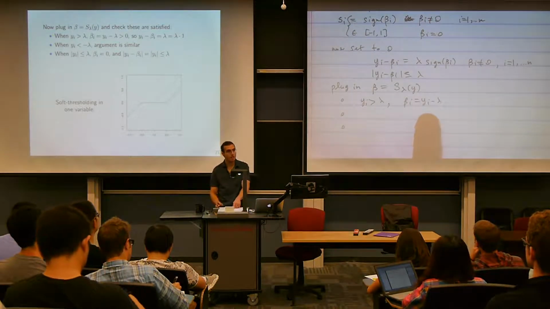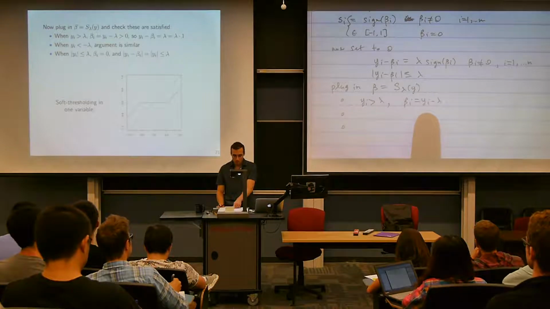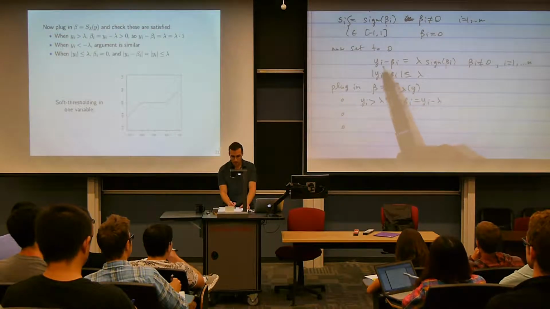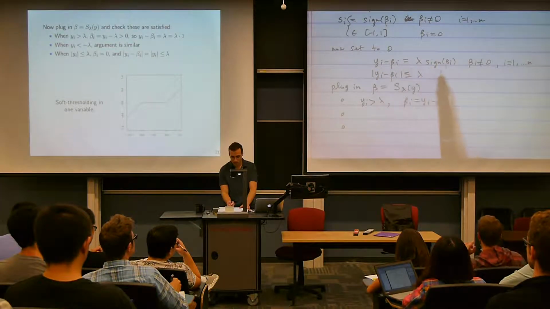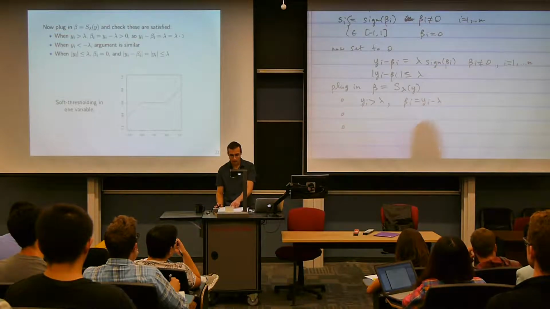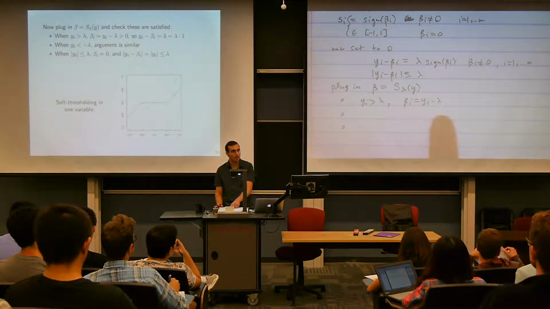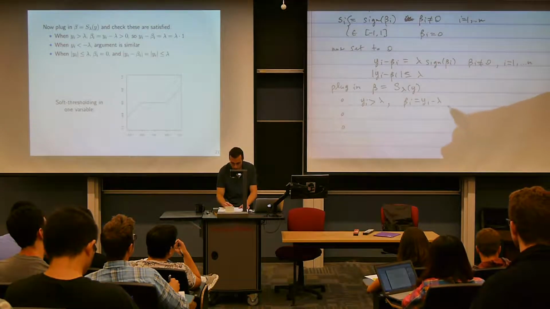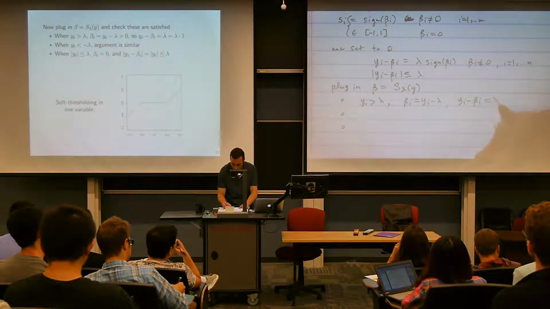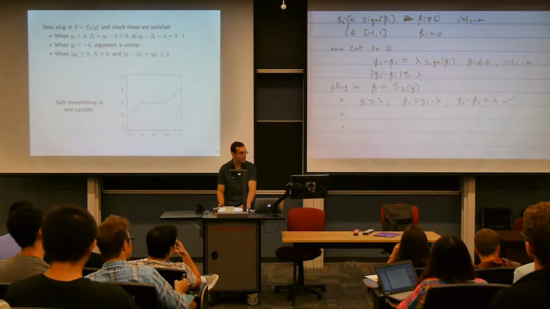And assuming lambda is positive, that means that beta I is not 0. So we have to be satisfying this part of the subgradient optimality condition. Yi minus beta I is equal to lambda times the sign of beta I. The sign of beta I is just 1 because beta I is going to be positive. And so we can see that indeed, just by rearranging, of course, this is true. And so we've satisfied that condition.